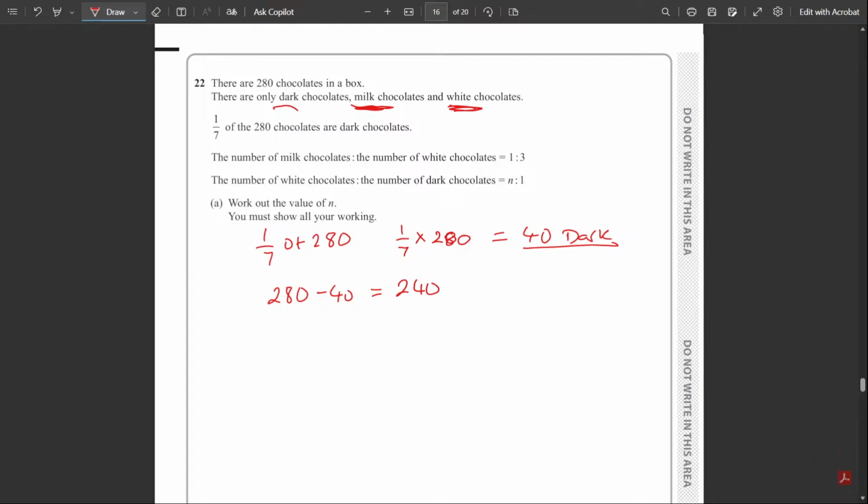So we know what to do with it. We can split 240 in the ratio 1 to 3, because the number of milk chocolates to white chocolates is 1 to 3.